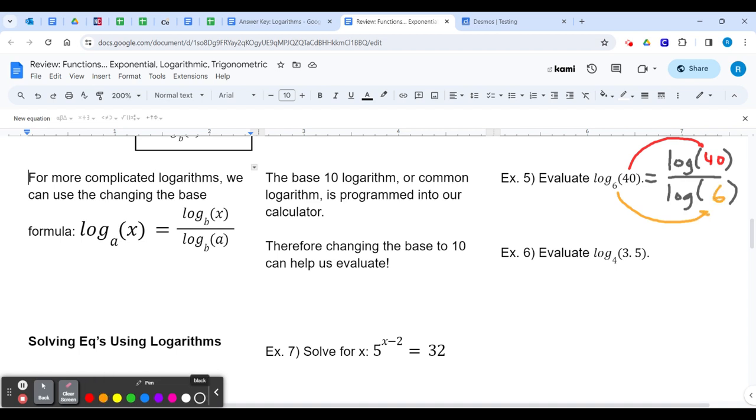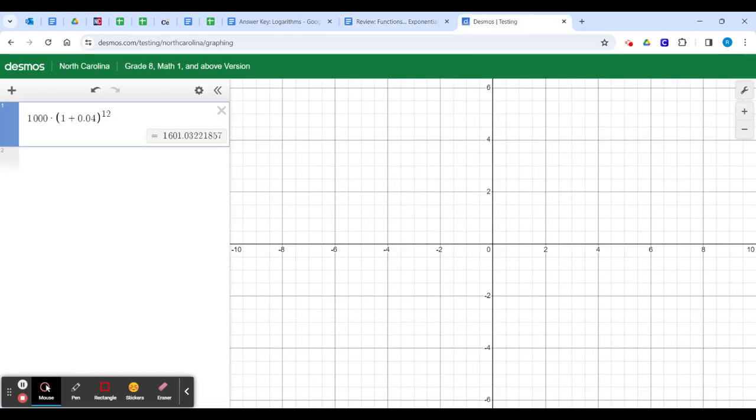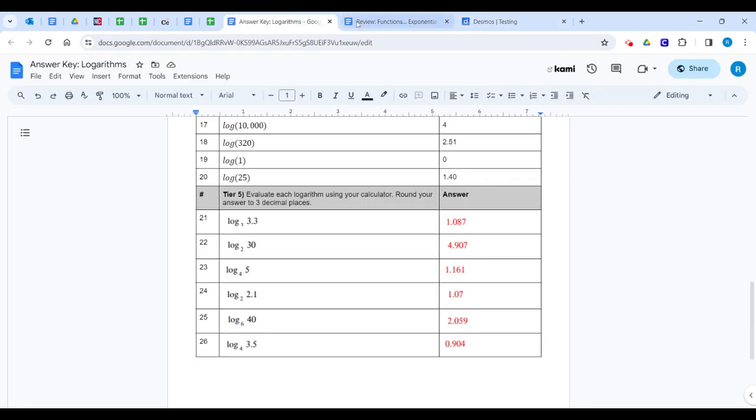If I actually do that problem and use division, or we can go into our Desmos and write in log of 40 divided by log of 6, we'll get an answer of 2.06 if I'm rounding to 2 decimal places.